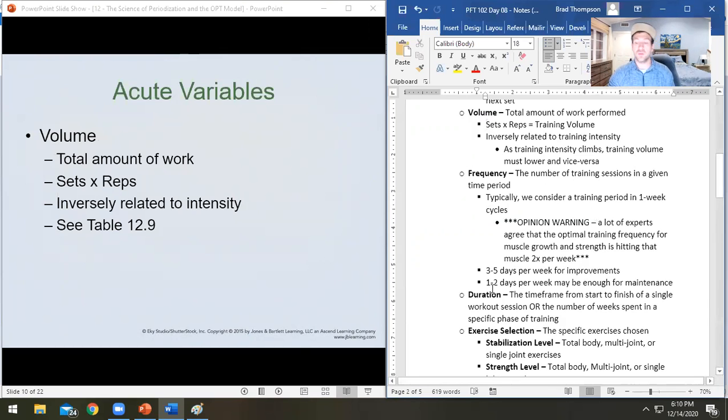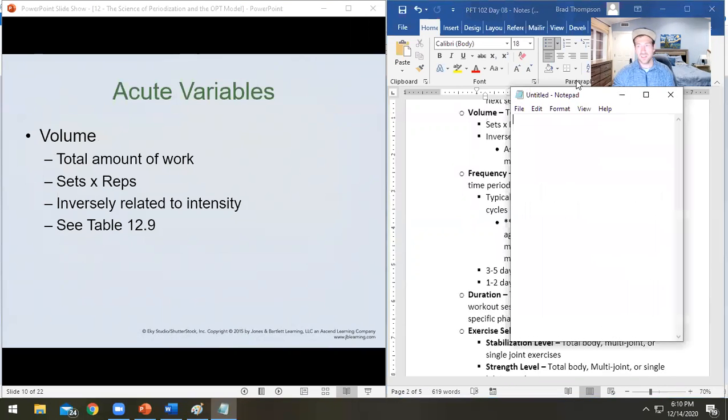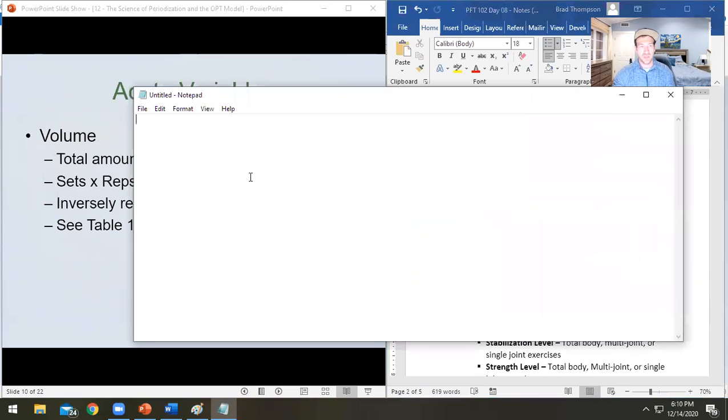So let's say I do a program. I'm just going to pull up a little notepad here. Let's say I'm going to do a program like this, right? I've got Monday, and that's going to be upper body, right? And I'll have Tuesday, which is going to be lower body. And then Thursday, I'm going to go upper body again. And then Friday, back to lower body, right?